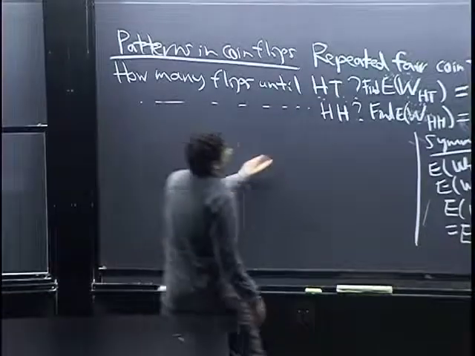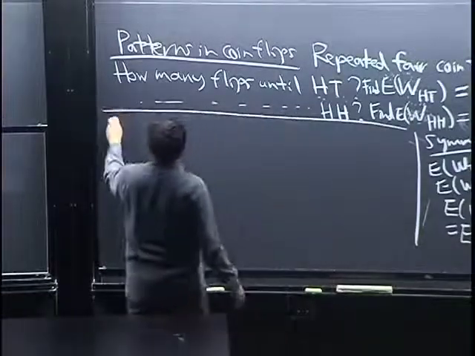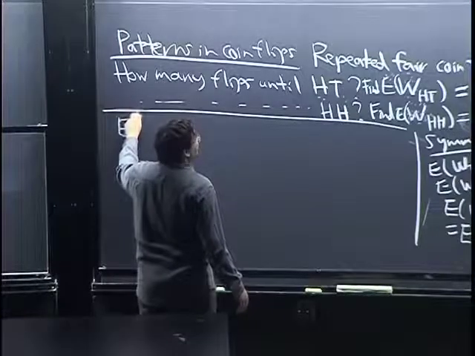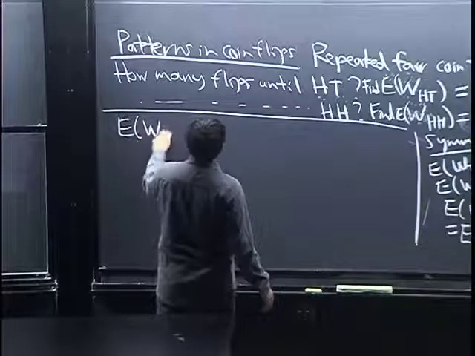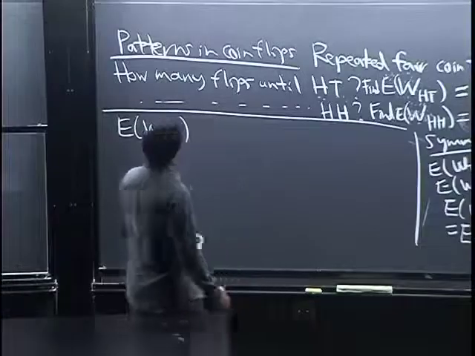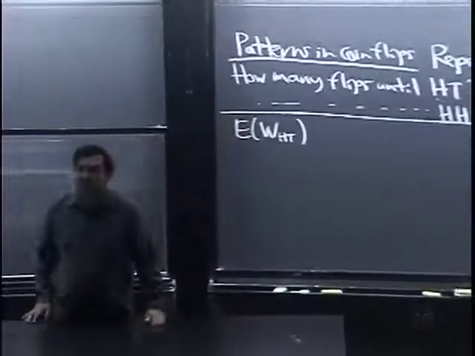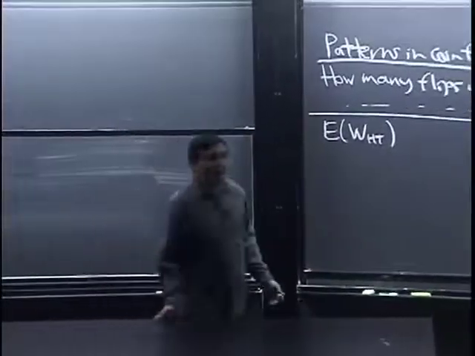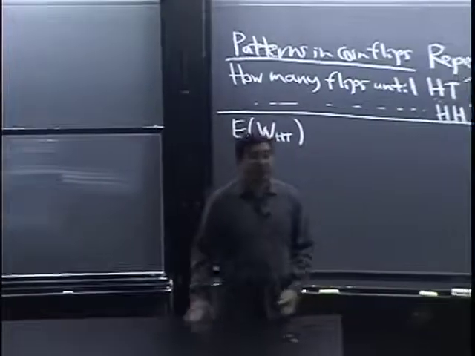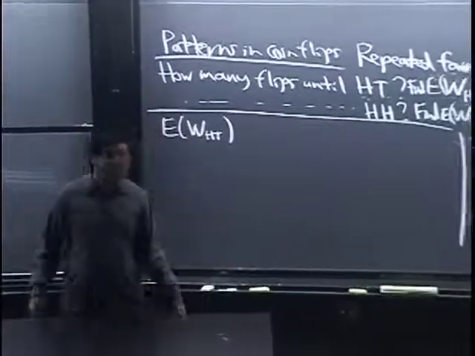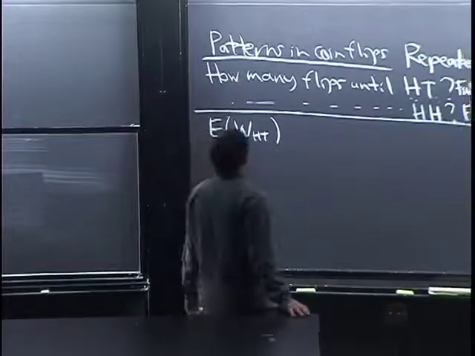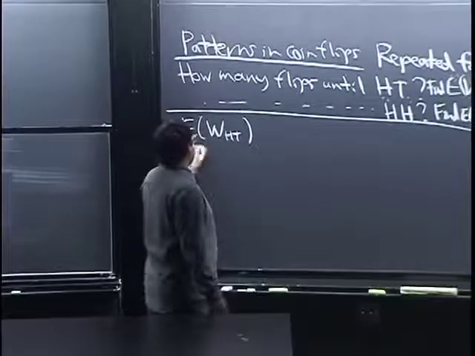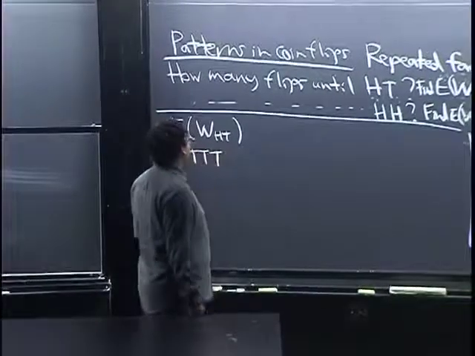Okay, so first let's do E of WHT. A nice way to think about it, we don't actually need conditional expectation for this. A nice way to think about this problem is to just imagine a sequence of tosses. Maybe it starts out tails, tails, tails, tails.